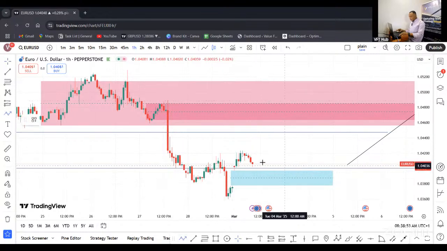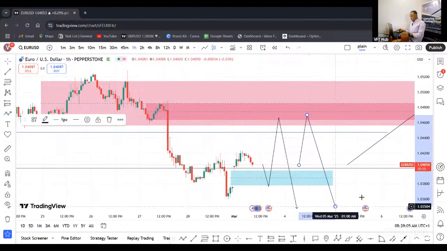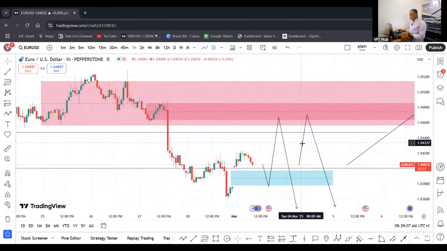So two things might happen on Euro USD. We might see it do something like this and then sell. Okay. Or it might just take a buy from here and then sell. So among these two analyses, you can see that the buy is constant. So we can wait for the buy. When it has traded into here, then you sell, because the sell is the predominant trend.